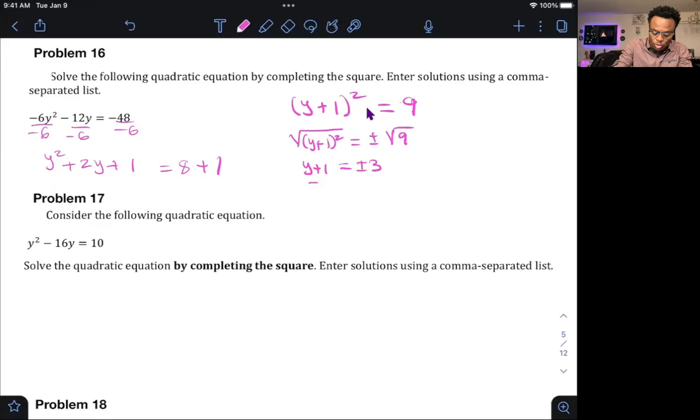Or let's say you have 2 solutions. y plus 1 equals 3. y plus 1 equals negative 3. And then you can subtract 1 on both sides. y equals 2. y equals negative 4. And those are your solution set. So that is negative 4 and positive 2.